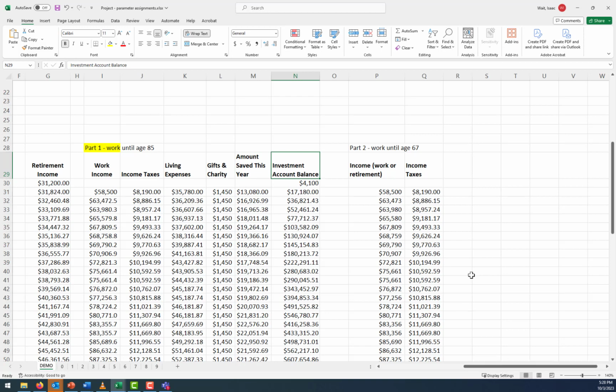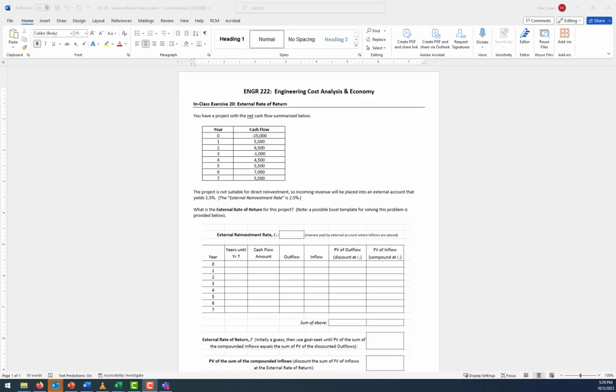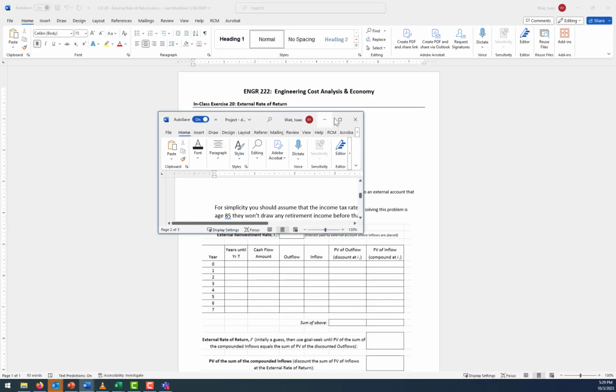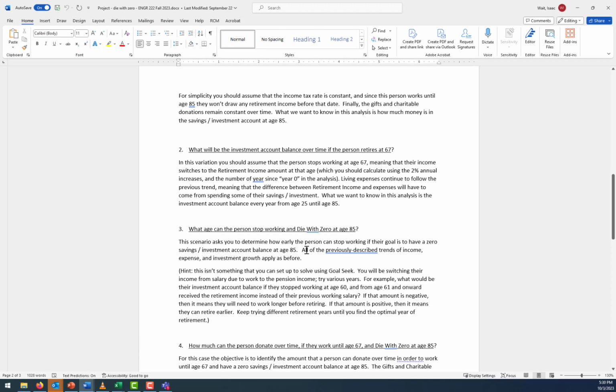The question is, we just want to look at how does the investment account balance change over time if they do that working until age 67. Now, if we just look at the other scenarios, at what age can the person stop working and die with zero at age 85?